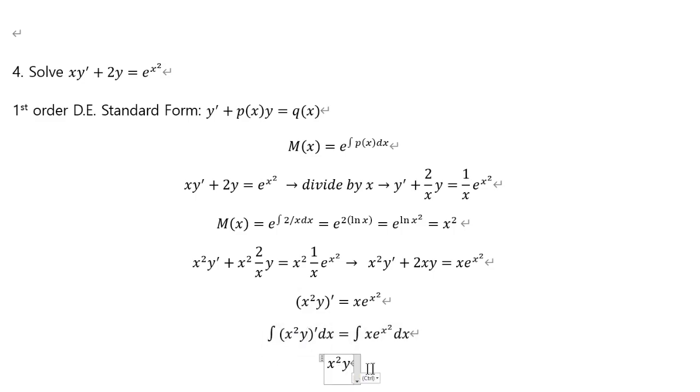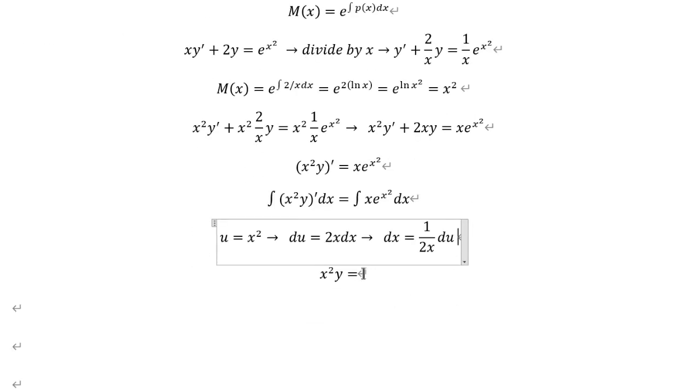So that side is easy. However, to integrate this, you need to use the u substitution. So let's try this. u equals x squared, which gives you that du is equal to 2x dx. And if you solve for dx, you get dx equals 1 over 2x du.